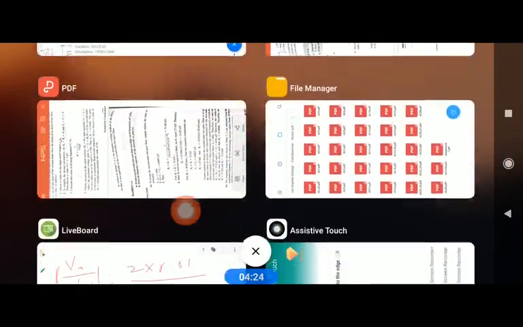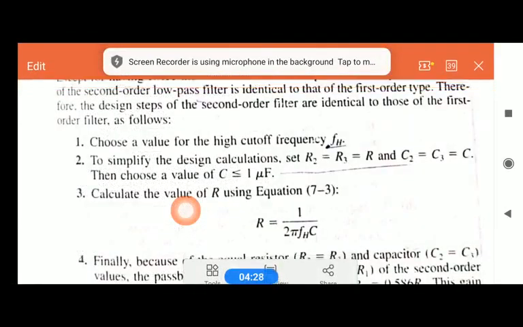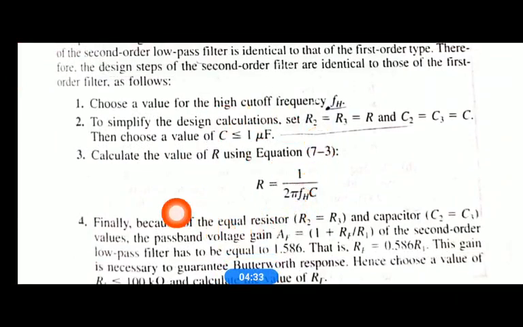This is the design given for the second order low pass filter. The same rules we utilize to design a second order high pass filter.